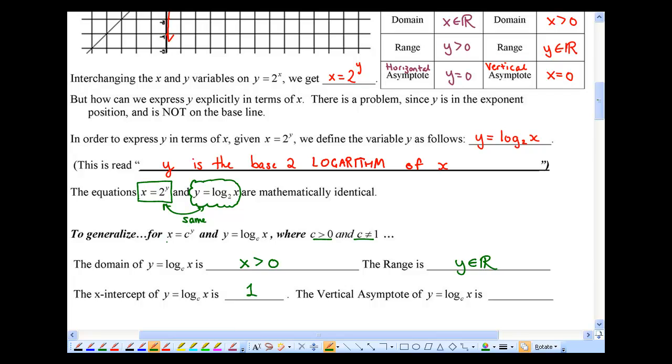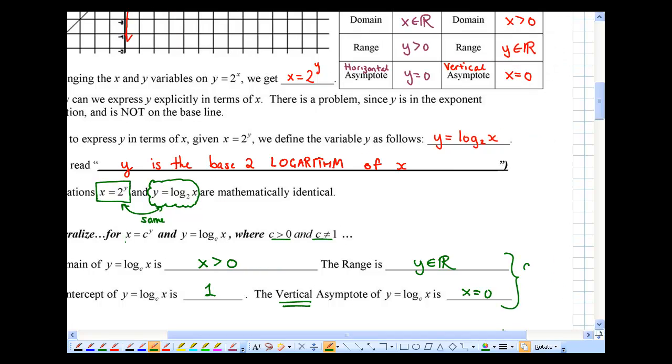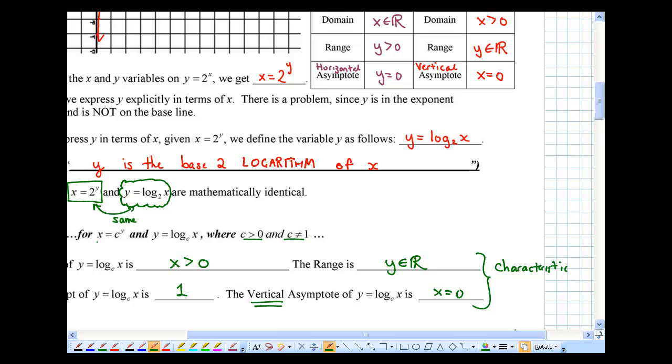And the vertical asymptote, in this case it's going to be a vertical asymptote, is always x equal to 0. So these are just some characteristics, okay? And I'll say these are characteristics of the logarithm graph. So y equals to base c log of x.